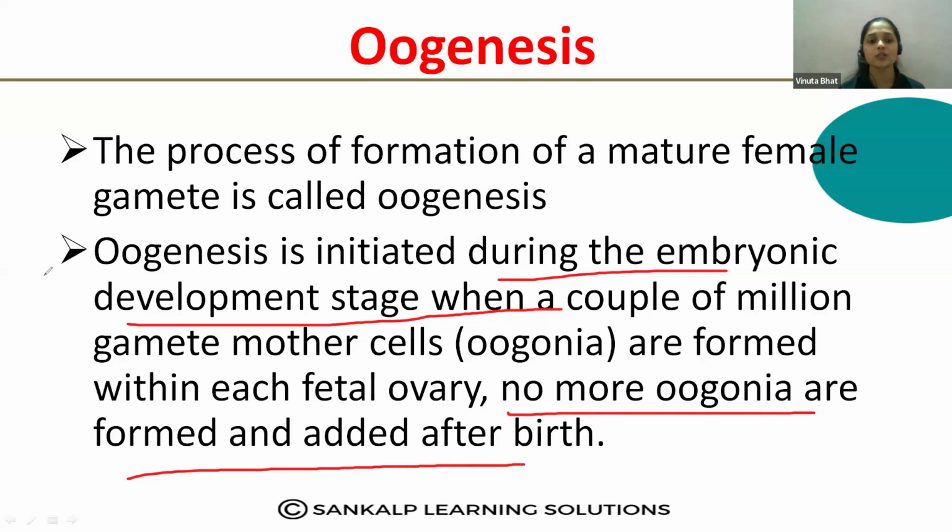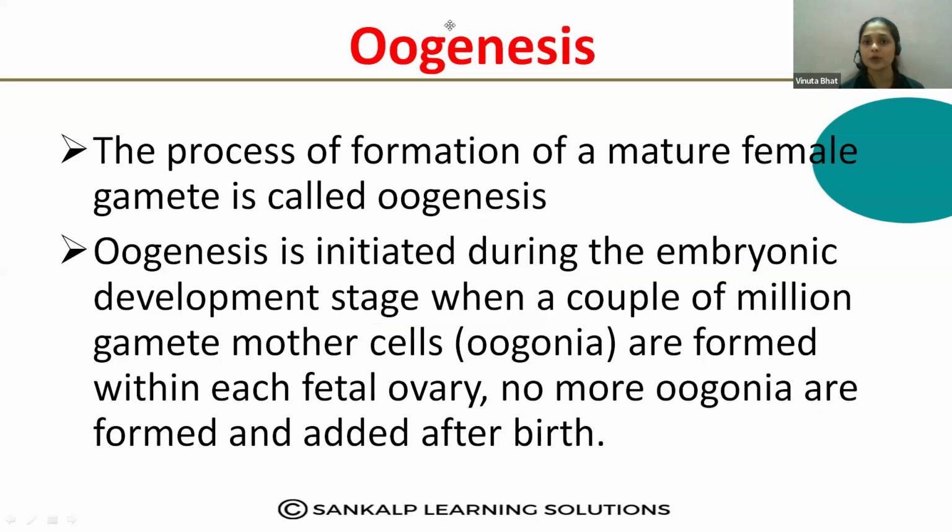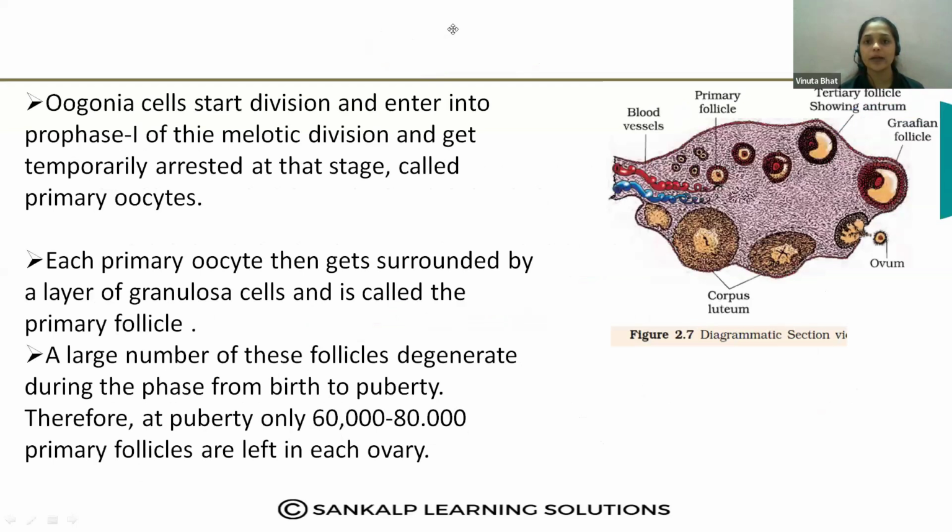There is no formation of oogonia after birth. Oogonial cell production is done for the oogenesis process. Then these oogonial cells start to develop and form the primary oocyte.